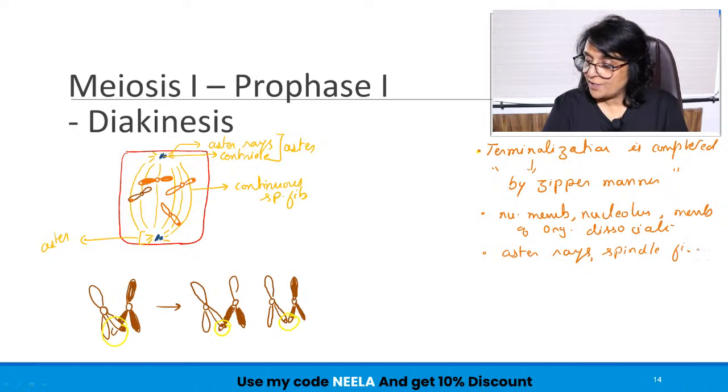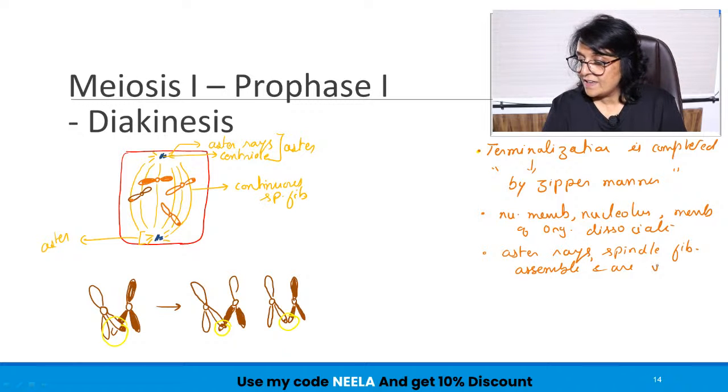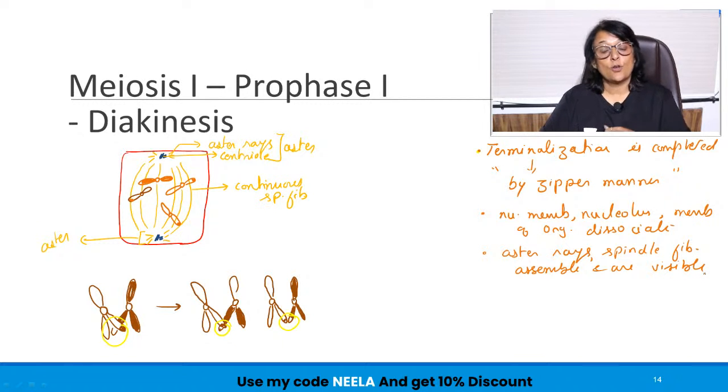Spindle fibers assemble and are visible, clearly visible. Chromosomes are with their exchanged genetic material. Prophase I is now complete.